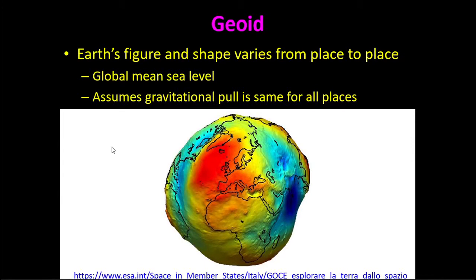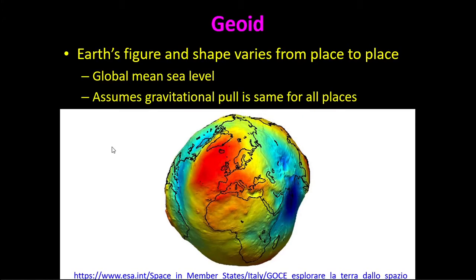And this is the shape of Earth that's based on what we call global mean sea level. And so we might have the undulations from Mount Everest to Mariana Trench and the topography that you see on Earth's surface, but the true shape of Earth is sort of lumpy, a lumpy shape that all relates to the gravitational pull, which is assumed to be the same for all places.